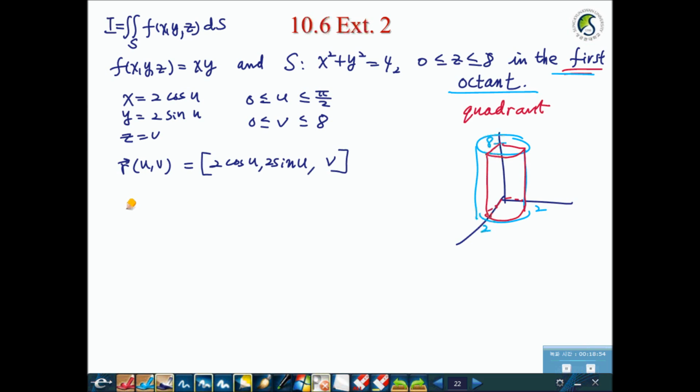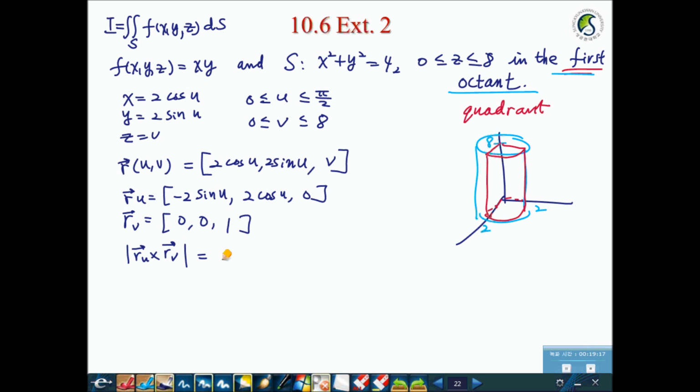And let me just write r sub u, which is minus 2 sine u, 2 cosine u, 0. And r sub v is 0, 0, 1. You can calculate it; let me just write the answer. You can try it on your own.